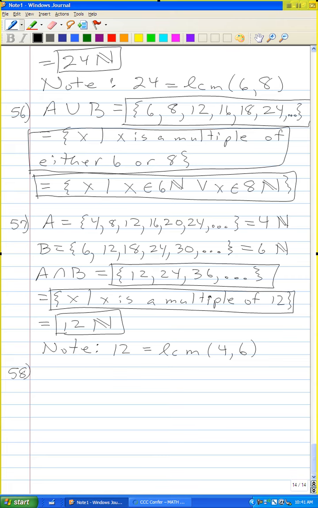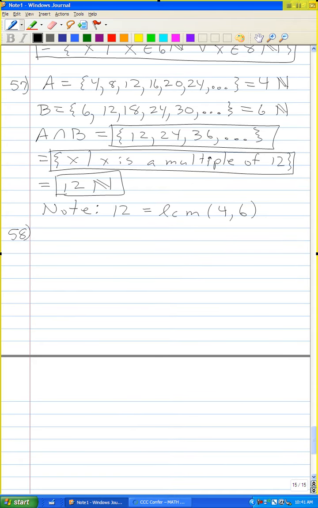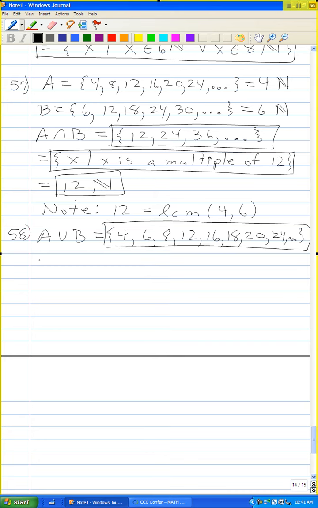58. A union B: 4, 6, 8, 12, 16, 18, 20, 24, etc. The set of all x such that x is a multiple of either 4 or 6.